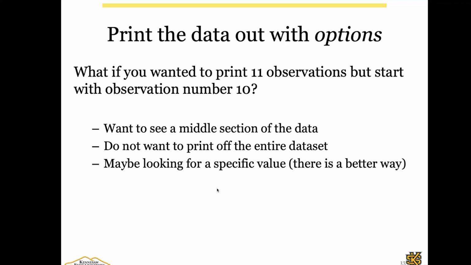What should we do in this case? So let's first understand this part. As I mentioned, what if you wanted to print 11 observations, but it starts with observation number 10, which means I would like to see number 10, number 11, number 12, number 13 to number 20.